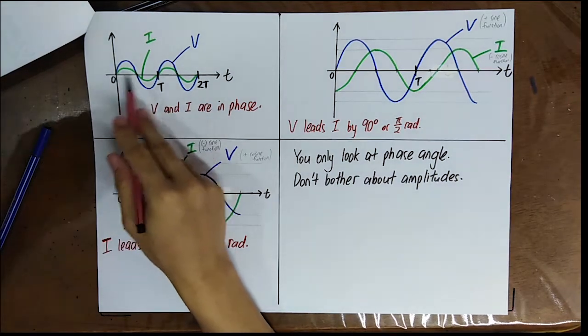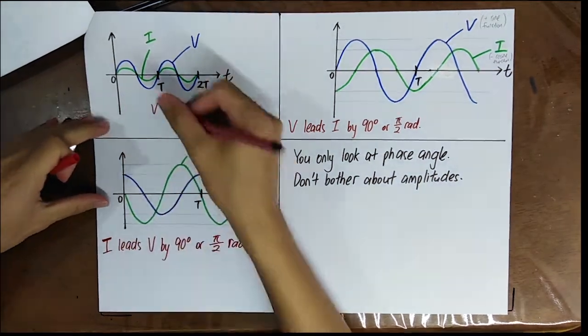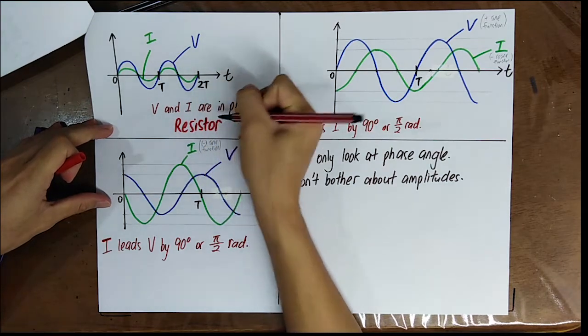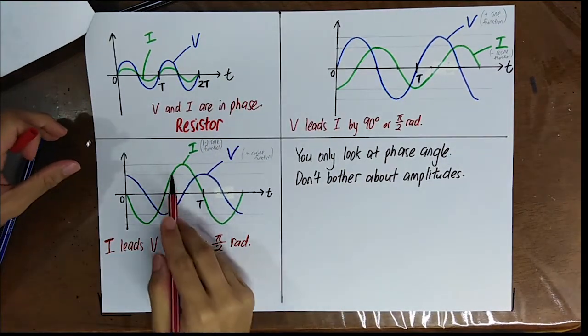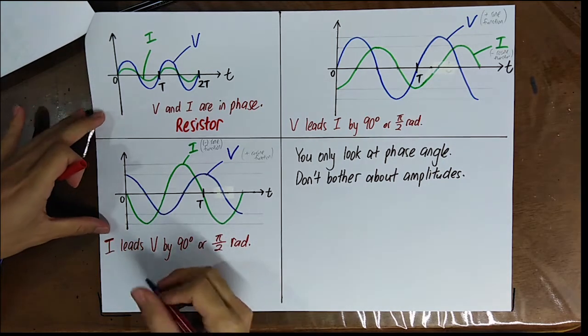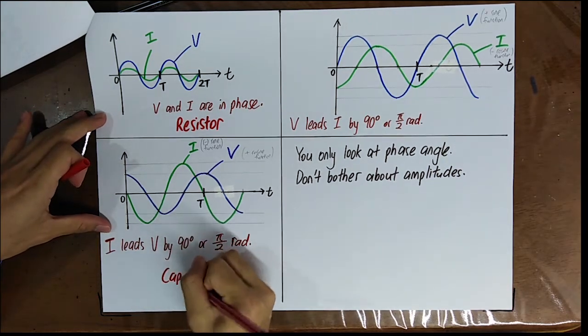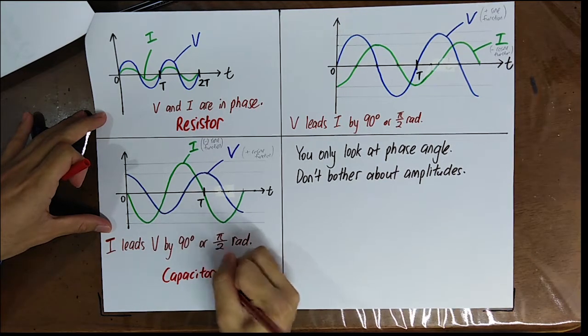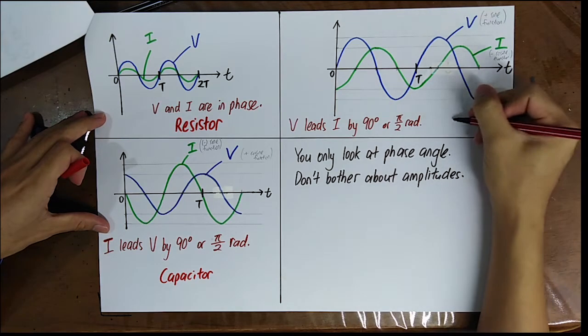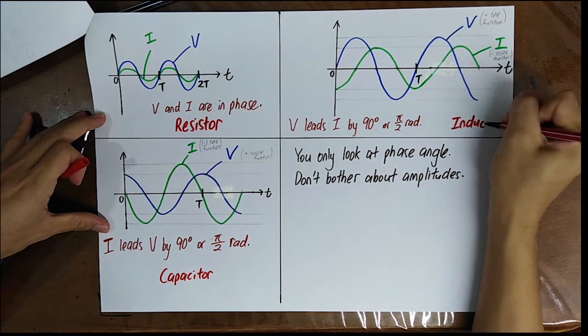Okay, so after learning this, you should know that when V and I are in phase, then we are sure that the component is a resistor. If the current leads voltage by 90 degrees, we are sure that it is a capacitor. If the voltage leads current by 90 degrees, then we are sure it is an inductor.